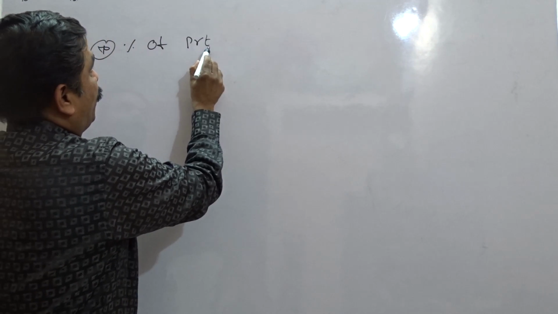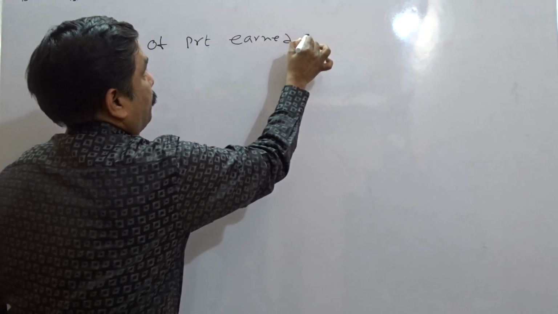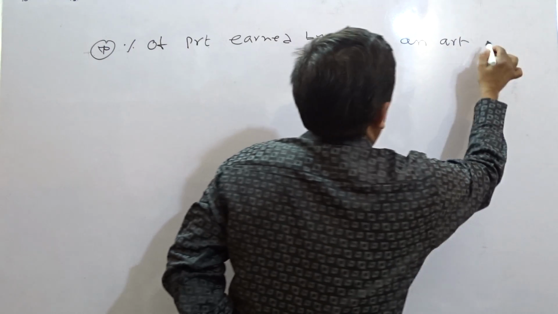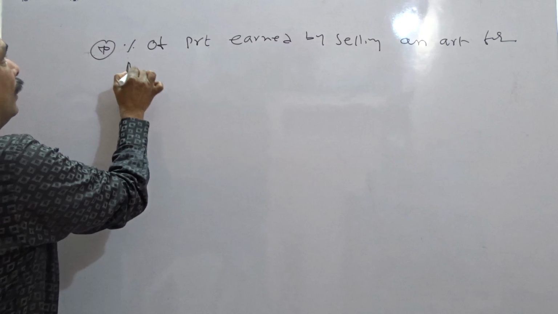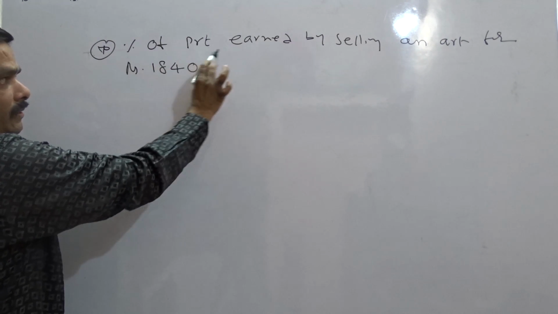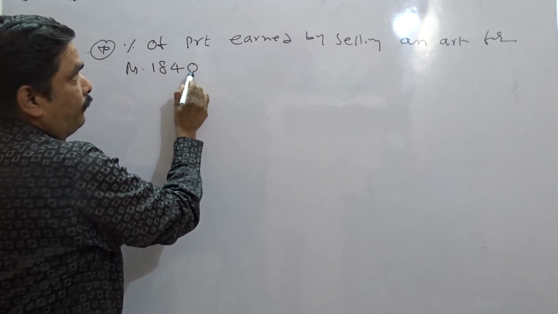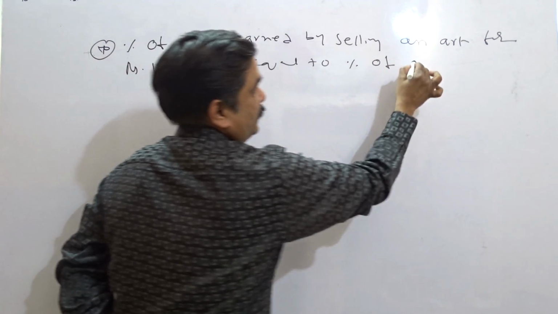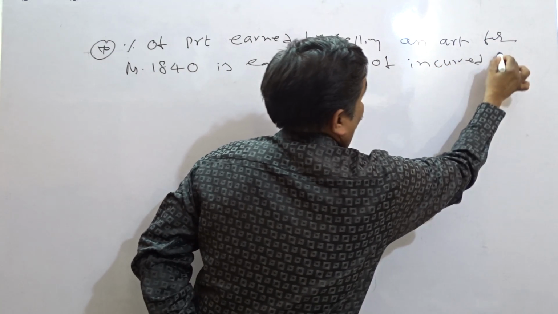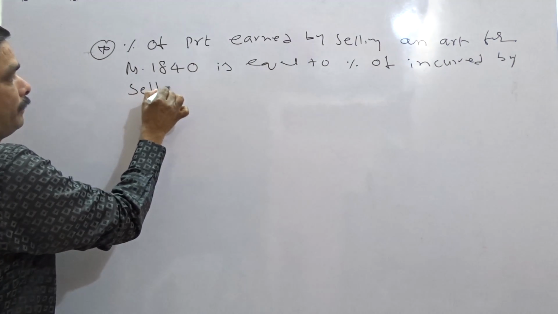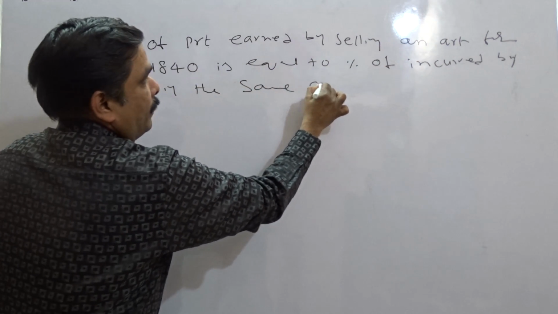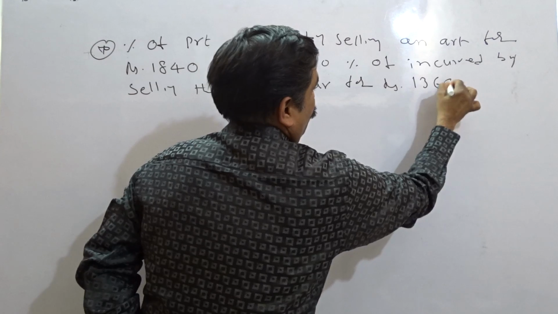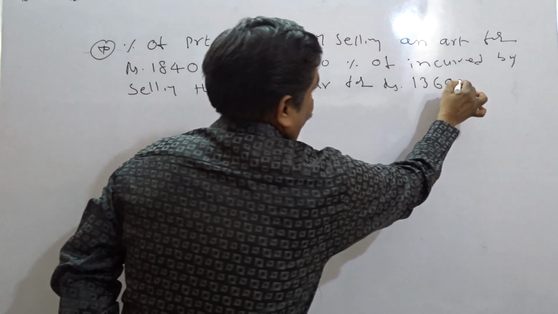The percentage of profit earned by selling an article for, let us say, rupees 1840, is equal to the percentage of loss incurred by selling the same article for, let us say, 1360 rupees. This is the given statement.